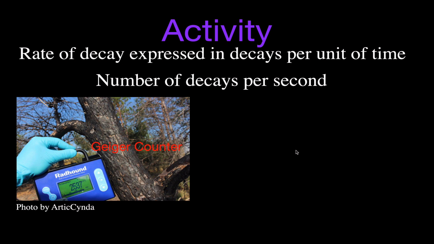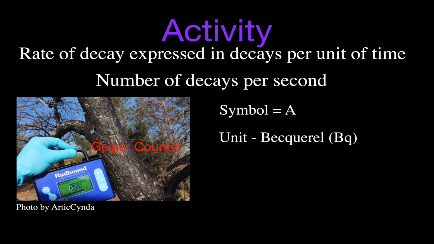You can see here in this picture, somebody measuring, this is a picture from Chernobyl, the radioactivity being emitted by this tree, and you can see it's 2,537 counts per second. That's the unit, because the symbol for activity is an A, the unit is the becquerel, and 1 becquerel is 1 decay per second.